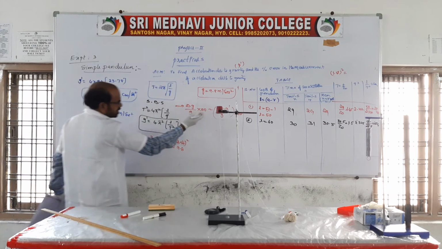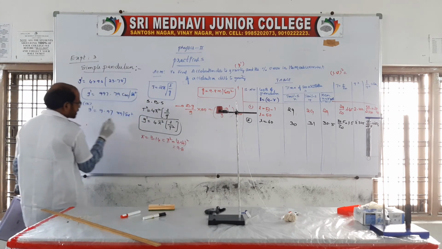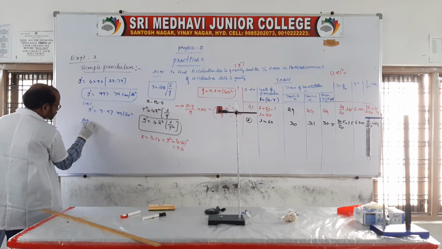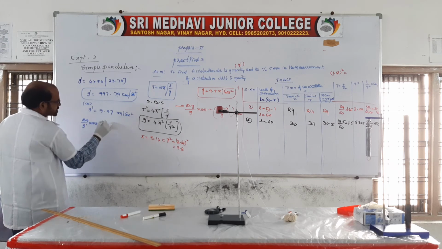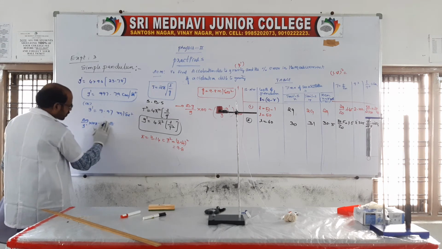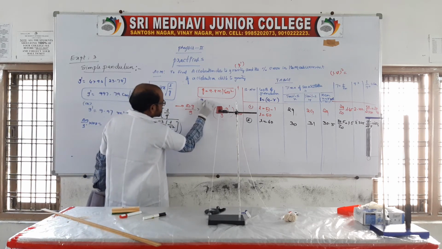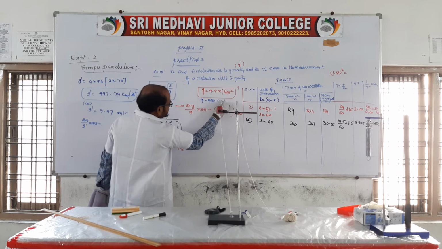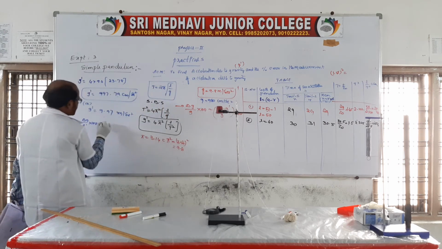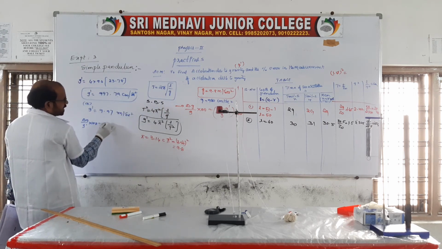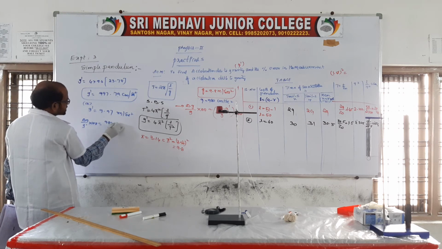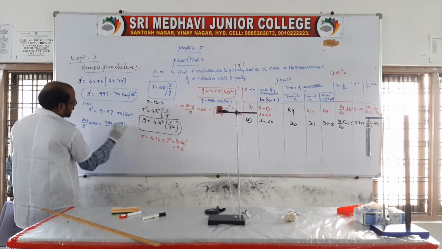Now we need to find the average value or the percentage error, so delta g by g into 100 is equal to, here you write g as 9.8, or in centimeters 980 centimeter per second square. So 980 minus 997, that is 17.19, by 980 into 100.